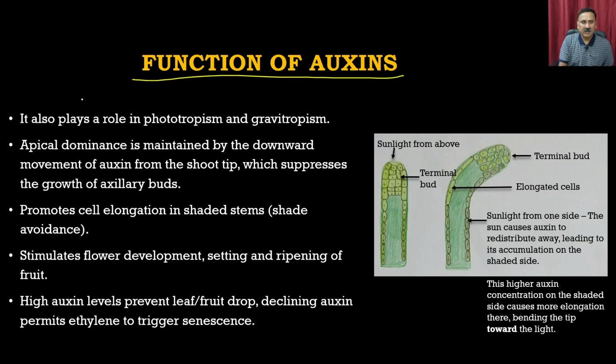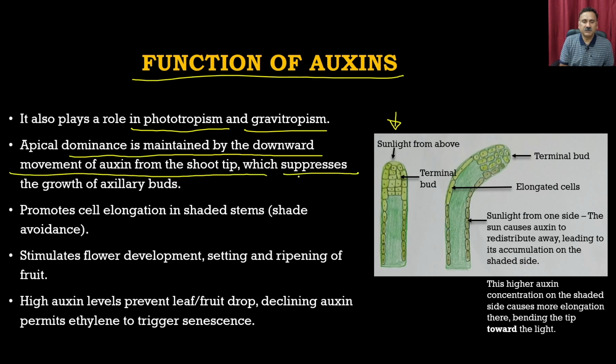Apart from the other types of functions, auxin is very important for phototropism and gravitropism, right? Phototropism means the response toward light, and gravitropism is the response toward gravity. Apical dominance is mediated by the downward movement of auxin from the shoot tip, which suppresses the growth of axillary buds.